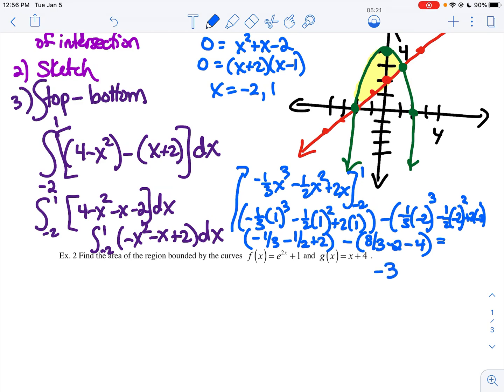That's actually negative 3. Then I have my negative 1/2. Trying to avoid any fractions if I can. Minus negative 6. Okay, negative 2 minus 4 is negative 6, but minus a minus is a plus 6, plus the 2 is a plus 8. That's 9/2. So hopefully you got 9/2.